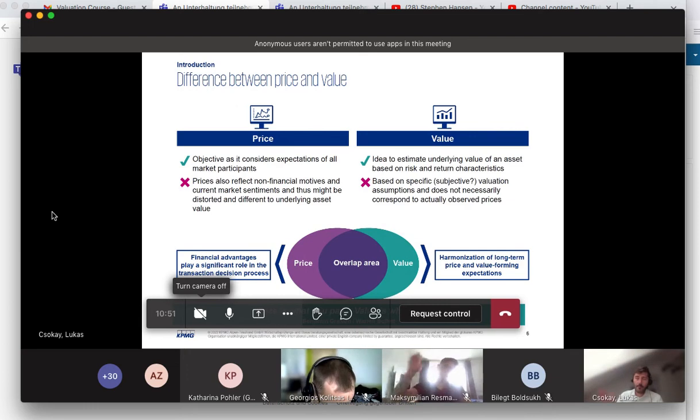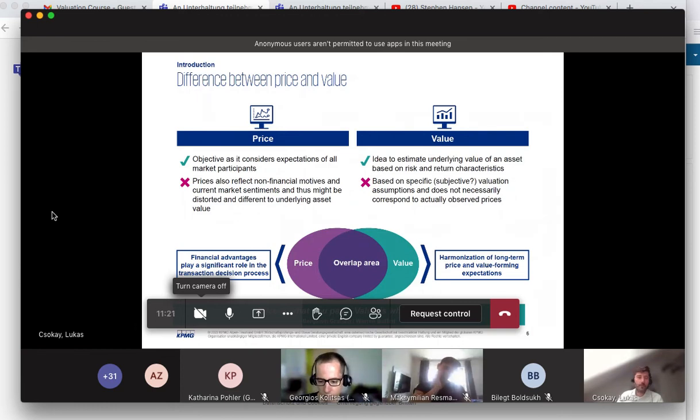But nevertheless, price is really very observable. So typically in valuation, if there is a market price, we would have to consider that in some way. And with value, the idea is more to estimate the underlying value of the asset based on risk and return characteristics, as we discussed in the last sessions.